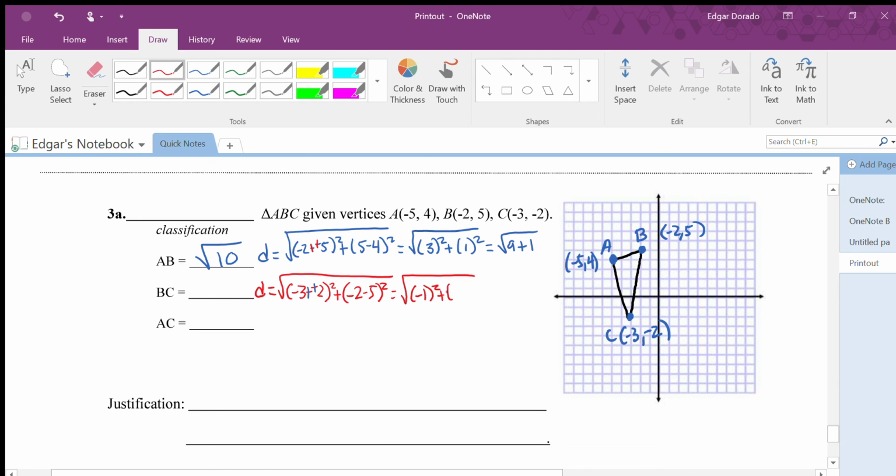And then -2 minus 5 is a -7. And finally, -1 squared is a 1, plus -7 squared, which is 49, which is the square root of 50. Awesome. All right, last one. C, or AC, I should say.